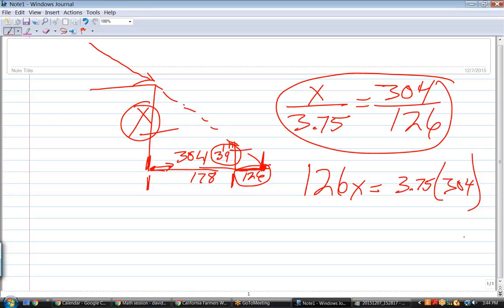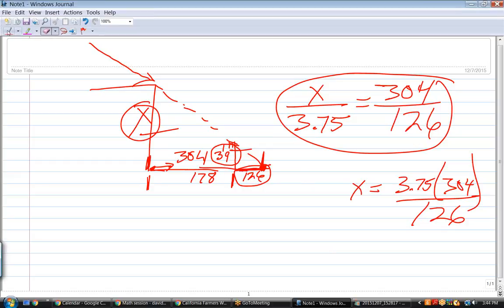Now what's the next step? We're going to divide both sides by 126. We're trying to isolate x, right? Okay, well that was two steps.